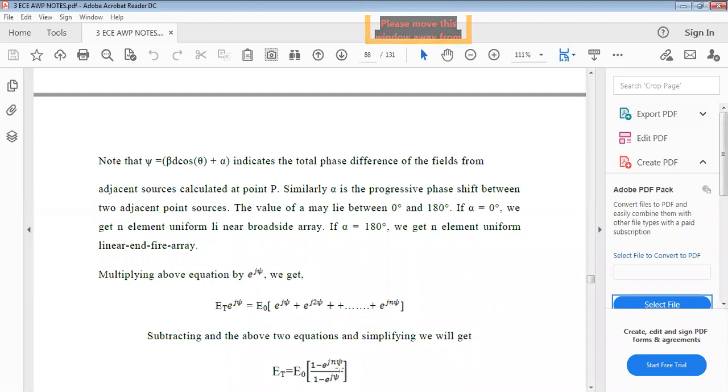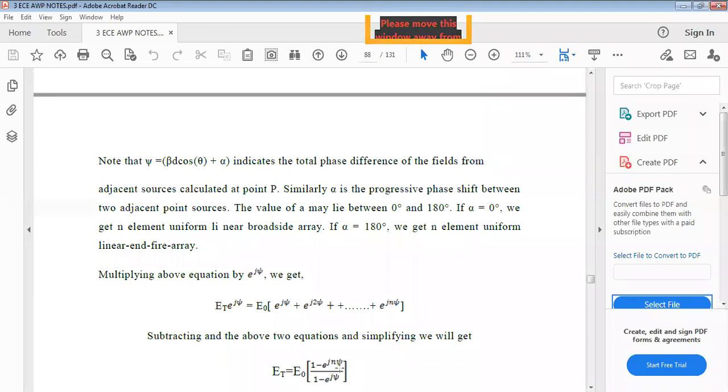Next, we have to find the magnitude. When we find the magnitude, what do we get here? The square root of 1 minus cos n psi plus j sin n psi, in which the real and imaginary terms are separated.